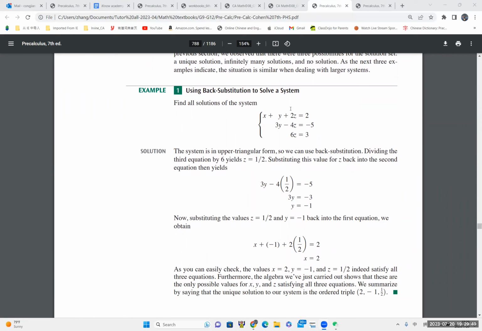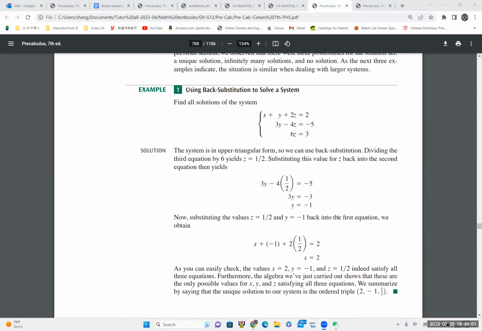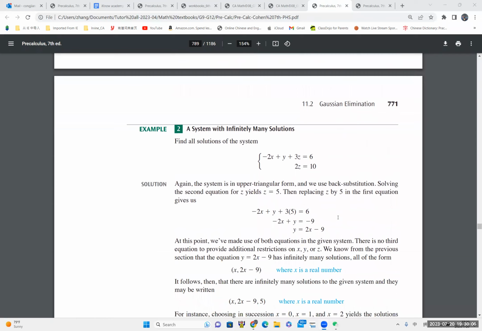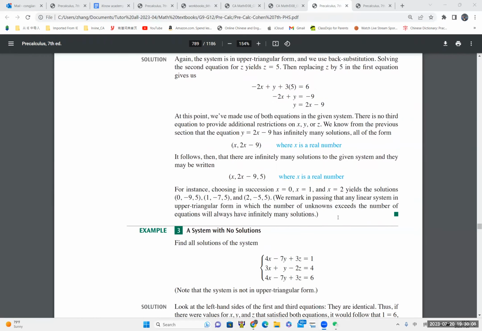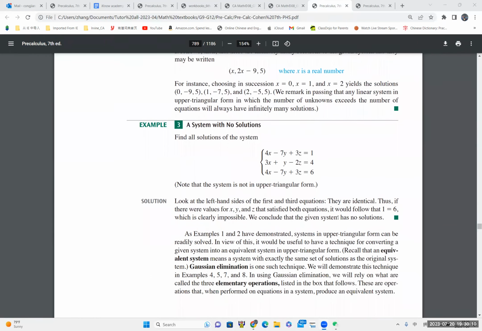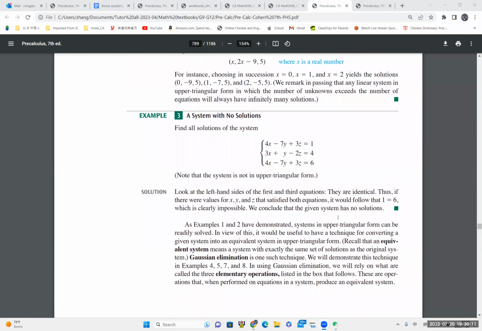For the 3 unknowns, if you know one of them, you substitute it into the equation, and it simplifies to two equations, two unknowns, right? A system with no solution.